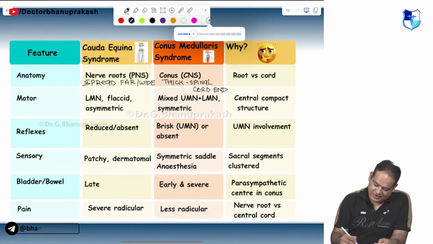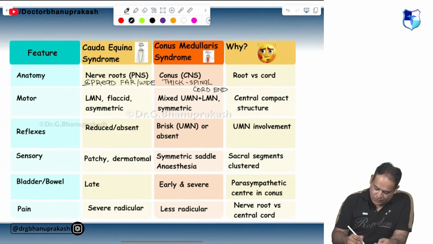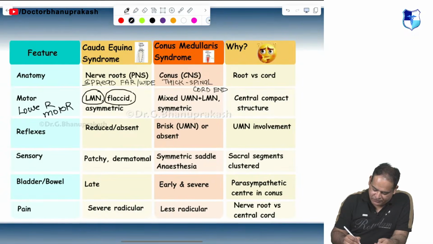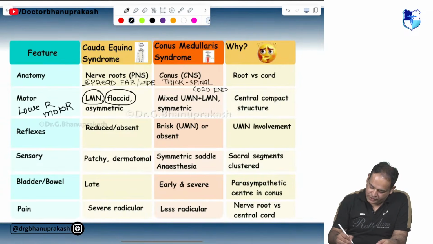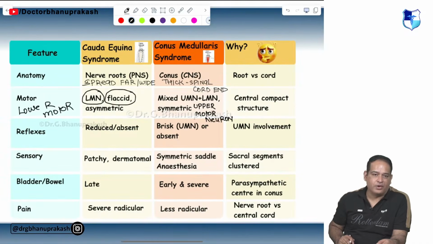Now, the deficit. In cauda equina, the lesion is lower motor neuron, so the paralysis of the muscle is flaccid. Whereas in conus medullaris, it is an upper motor neuron lesion.